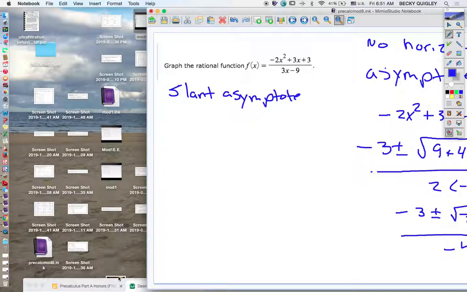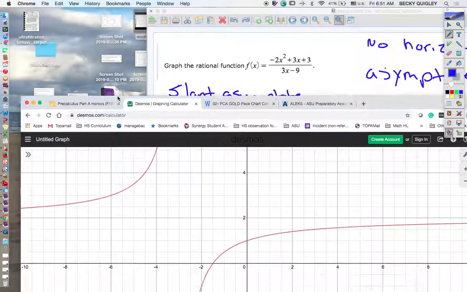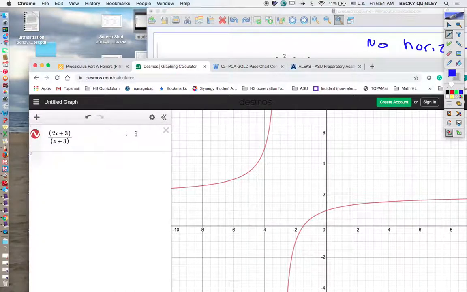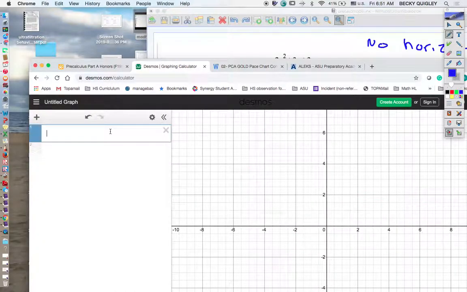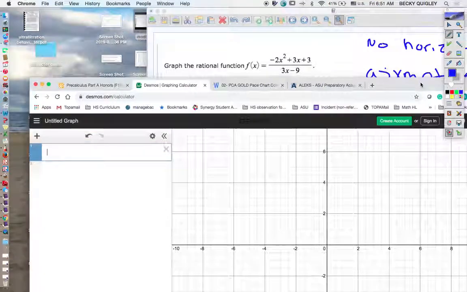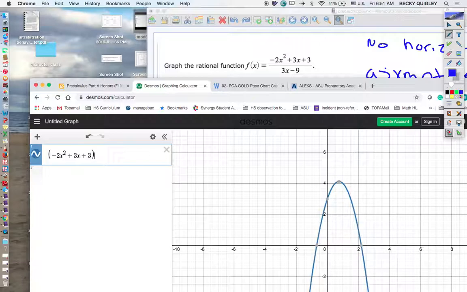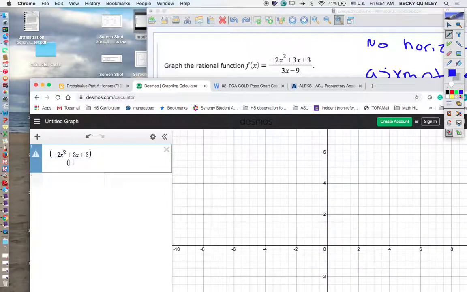I don't have my TI-84, so I'm just going to cheat and throw this in here so we can see what that decimal value is. So parentheses, negative 2x squared plus 3x plus 3. Look at that beautiful quadratic, divided by 3x minus 9.